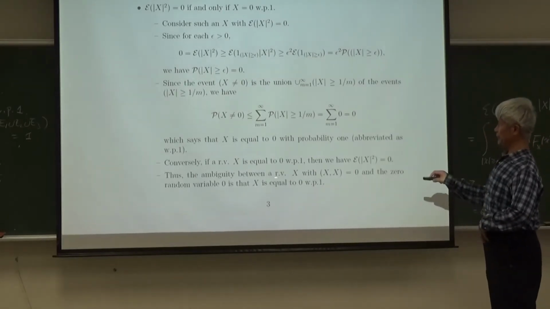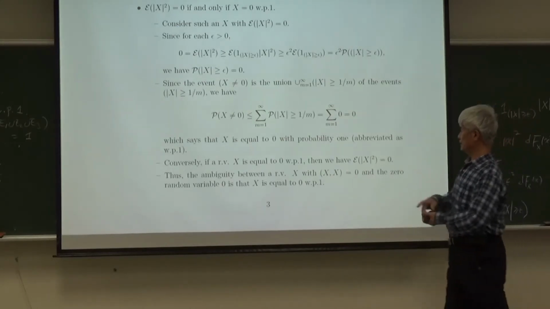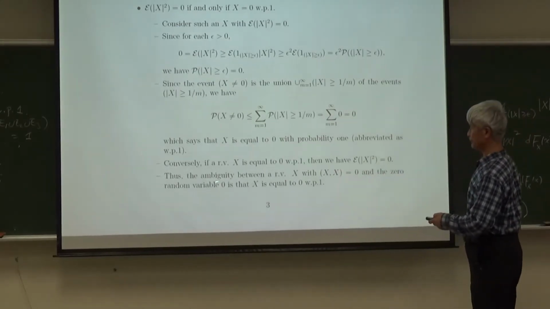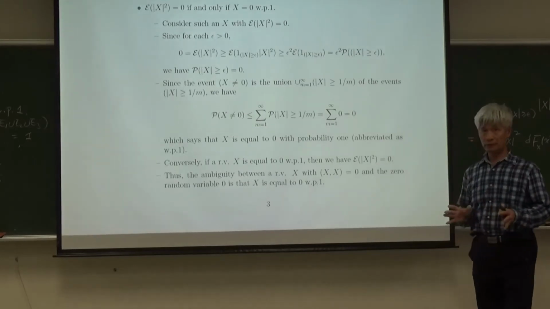Now, the ambiguity between a random variable that is 0 with probability 1 and the 0 random variable: X is equal to 0 with probability 1.